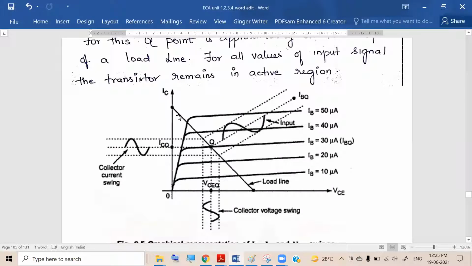In the previous class we discussed this load line. For a class A amplifier, to amplify the entire input signal, we operate in the center of this characteristic, which is the center of the load line. Clear?